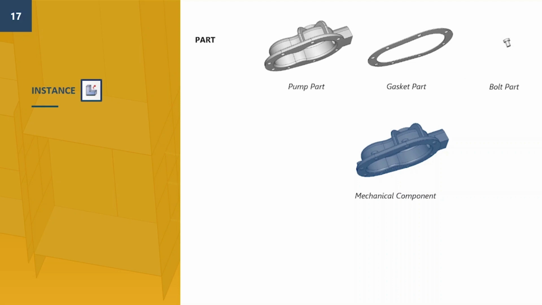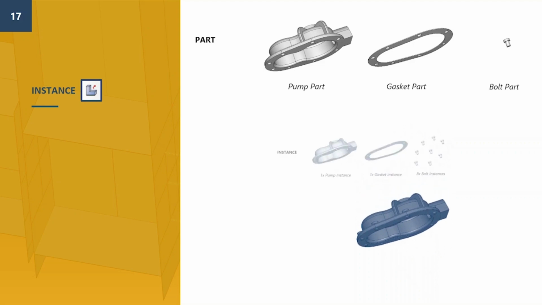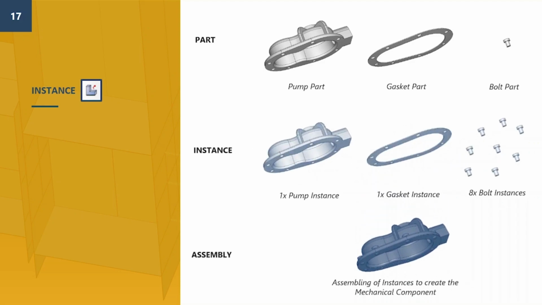If we want to establish the mechanical component in the assembly, we need to insert 1 pump instance, 1 gasket instance, and 8 bolt instances. All of these instances are recalled from the part module. These instances are then assembled and arranged accordingly in a global modeling space to form the mechanical component.